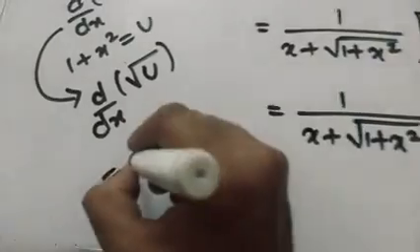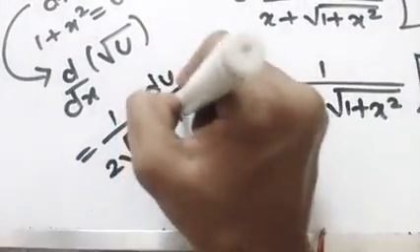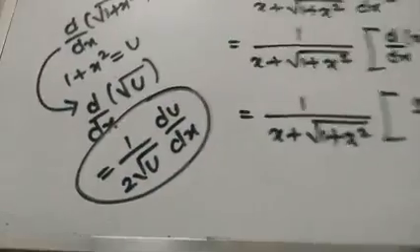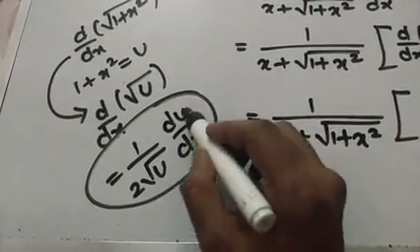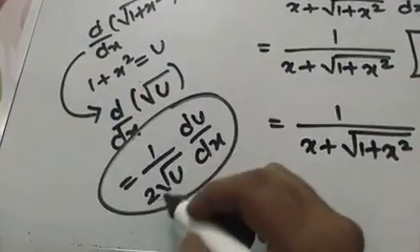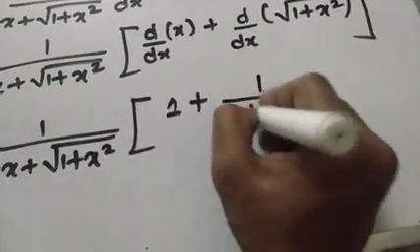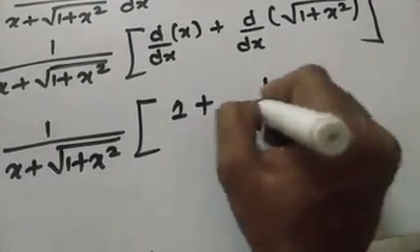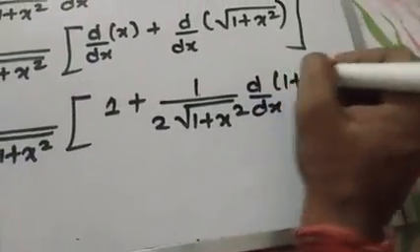It is 1 by 2 root u into du by dx. And what was the u here? 1 plus x square. So directly putting it here, we get 1 by 2 root over 1 plus x square times d dx of 1 plus x square.